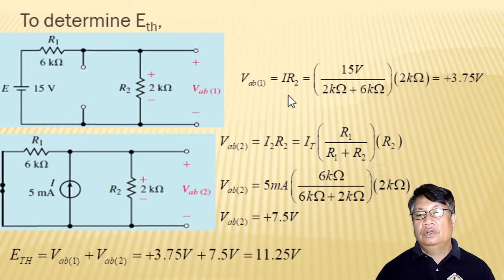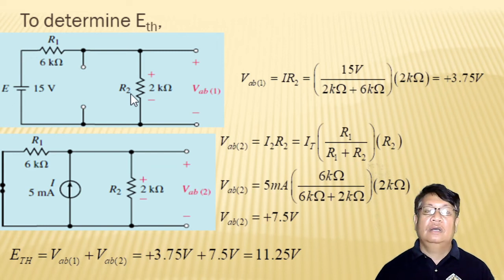Your V sub EB is simply equal to the current that will flow here times your R sub 2. So what is this current that will flow here? Your current is simply equal to the voltage divided by the sum of these two.